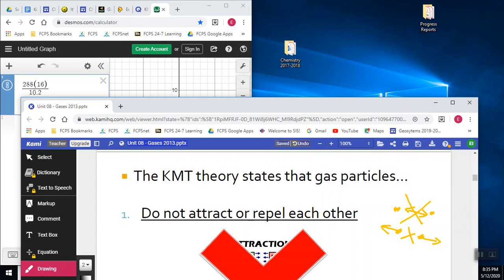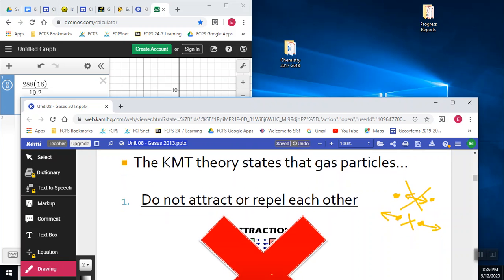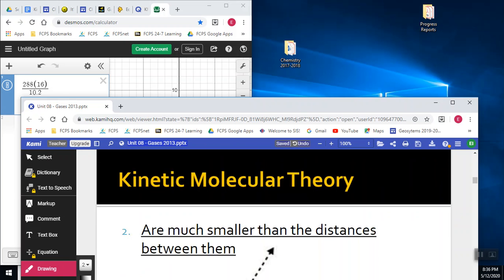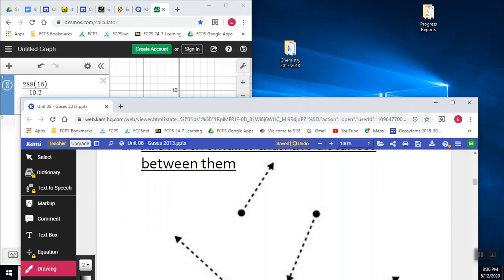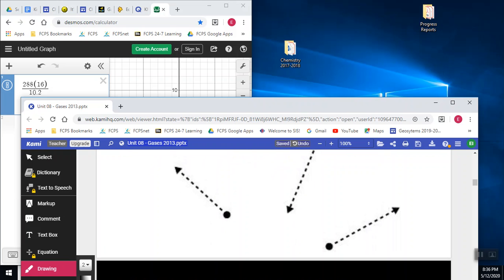They're just bouncing around. Number two, the gas particles don't have a charge. They're much smaller than the distances between them, so you have a little particle and a really big distance between all of your particles. See how spread out they are?